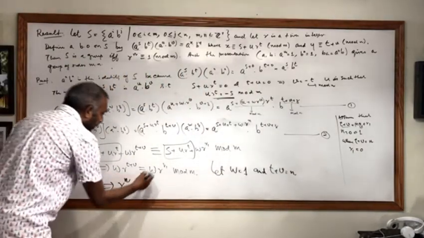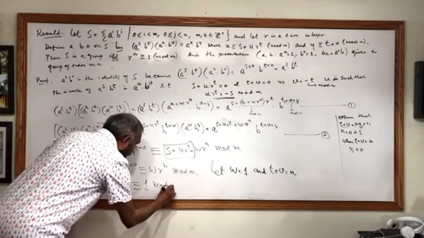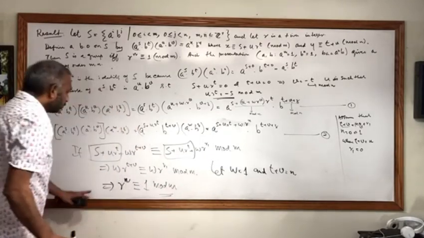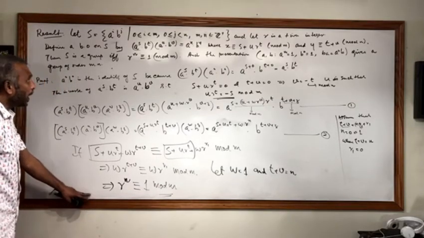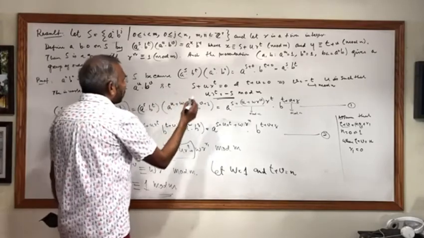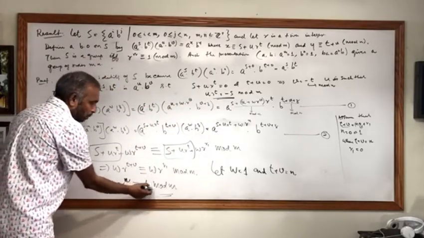So r1 is going to be 0 means this is actually congruent to 1 mod m. So the associativity is also true when this condition is true: r to the power of n is congruent to 1 mod m.